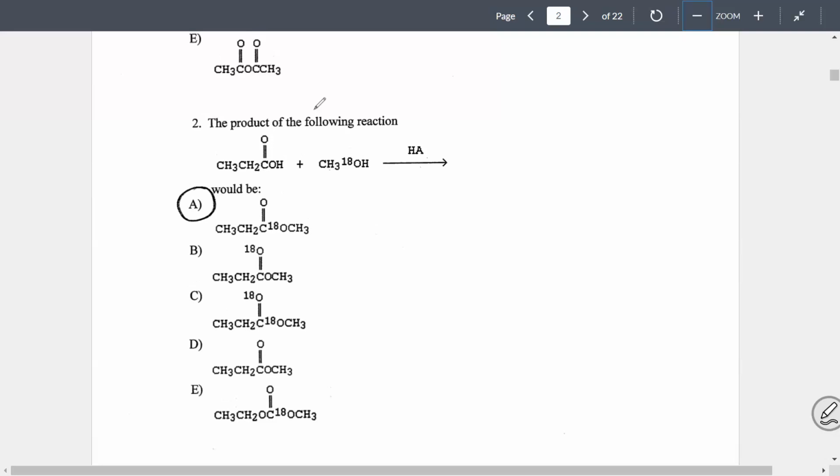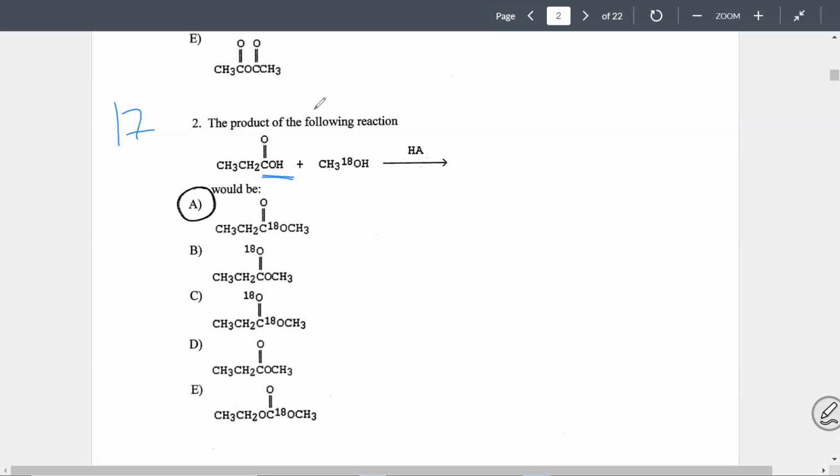What chapter is this from? Acid, that's like 11, 12. Is that the 16? 16, 17, 12. Okay, you have a carbonyl group with a leaving group, so it's chapter 17.